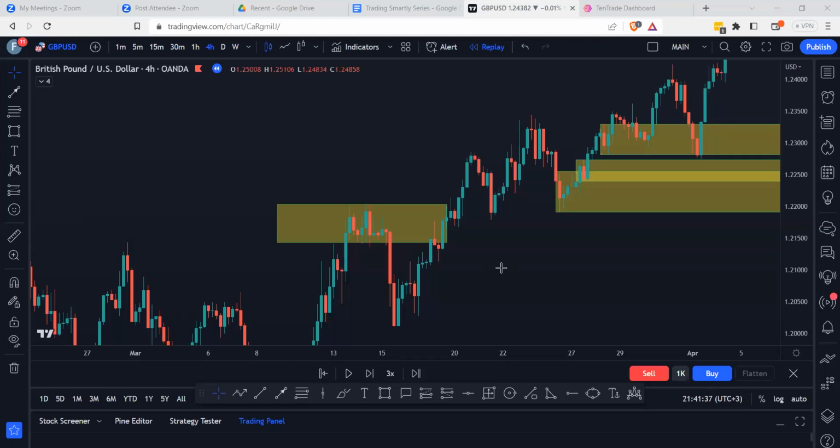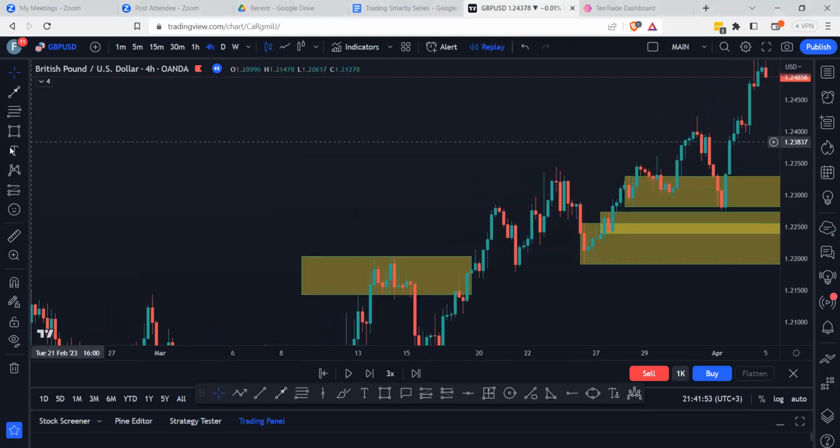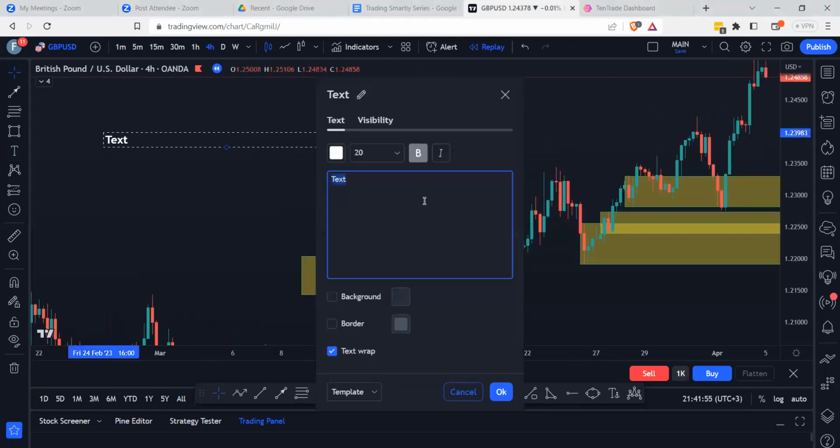Thomas is asking, what is the best currency pair to trade? There is no best currency pair to trade. Okay, you're asking, what is the best currency to pair with? Let me just draw something here. Let's do trading sessions real quick. We have Sydney. Which currencies do we have in Sydney?